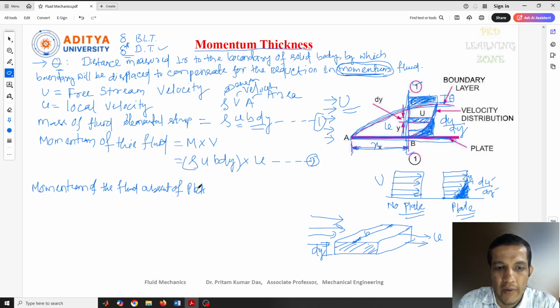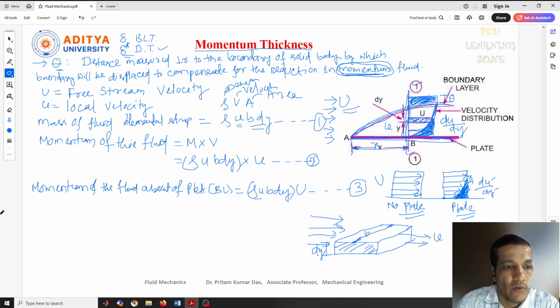If there is no plate, no boundary layer. So in absence of the plate, we can write the mass flow rate as rho u b dy, into u into u. We give this equation 3. This is the momentum of the fluid in absence of the boundary layer.